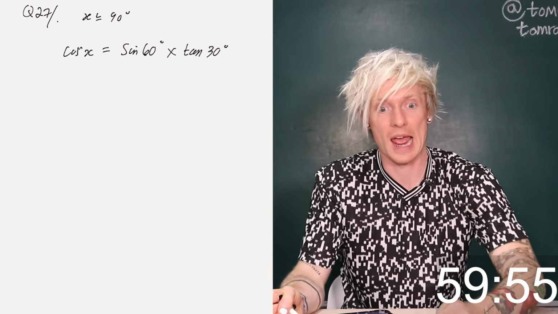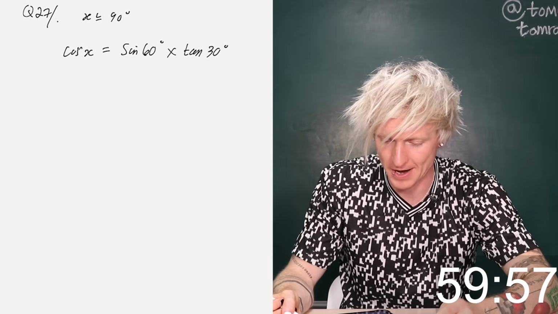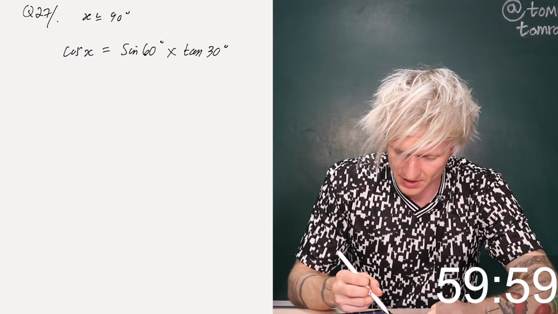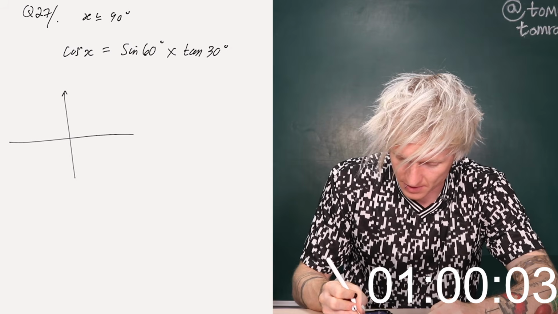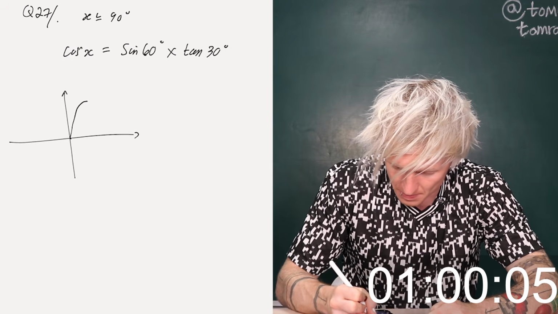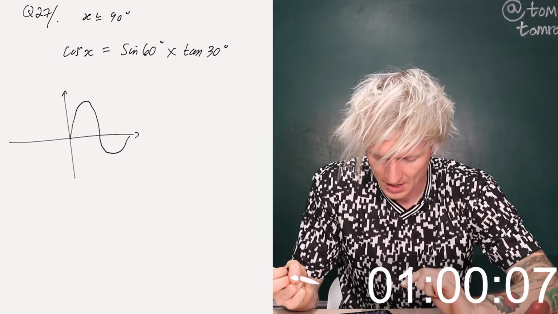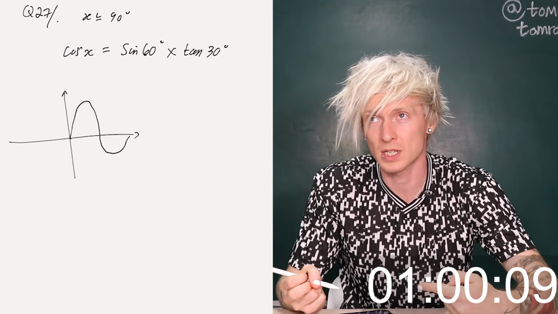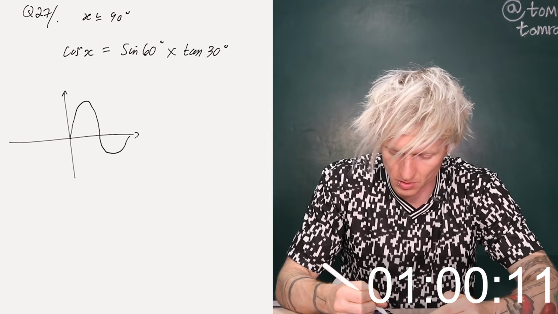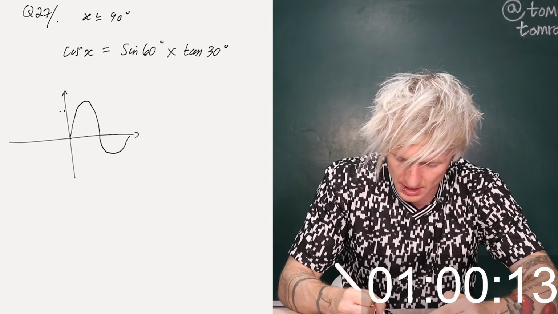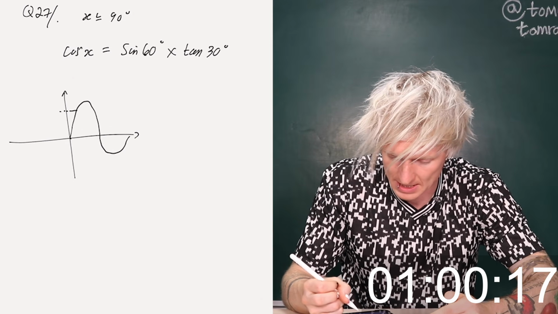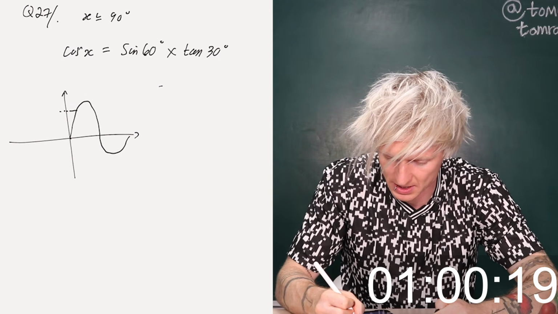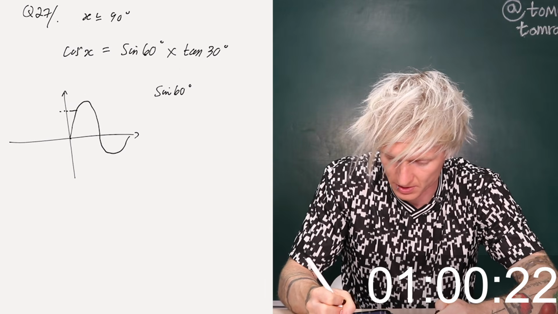And I need to know x. All right, I can work this out. So graphs, sine of 60. So let's draw the sine graph. The sine graph goes up and looks like this. So 60, it's increasing. It's quite near the top, but not quite at 1 yet. So what's sine of 60 degrees equal to?